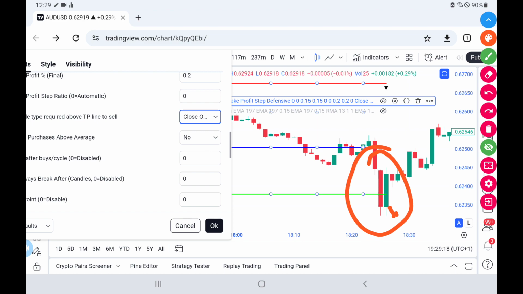So now what happens if we go with just the wick? Now the wick on a short trade is going to be right here. So we should get out one candle sooner. Let's see if it does.